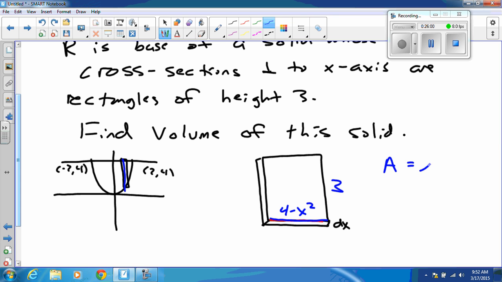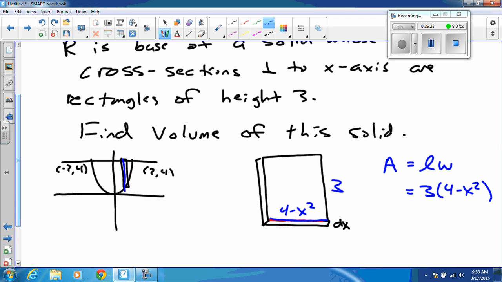And then the second one is that the shape determines the area. Because the area is length times width, therefore the area of my cross-section is going to be 3 times 4 minus x squared. Again, I'll do a spot check. When x is equal to 2, I should get an area of 0, because I have basically a line coming out of the board here.